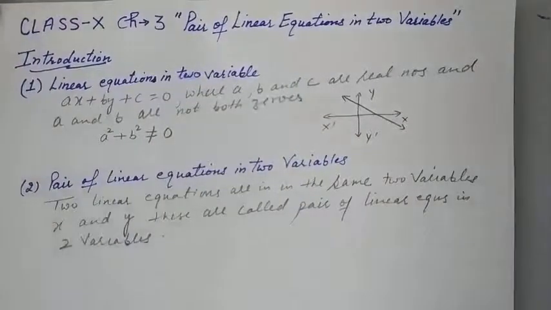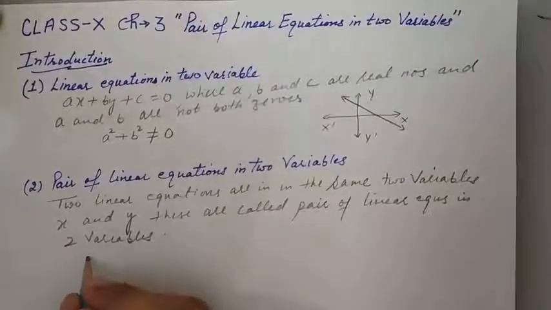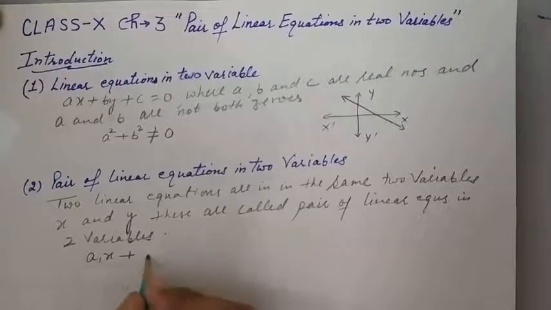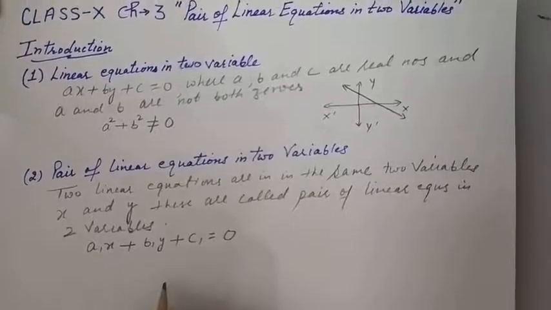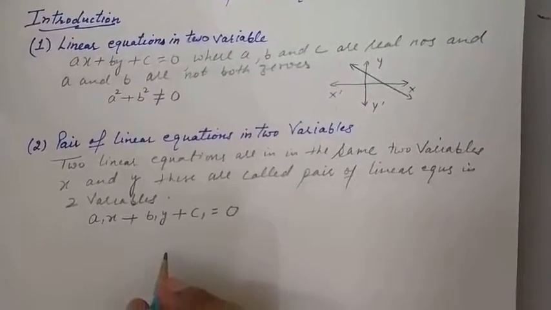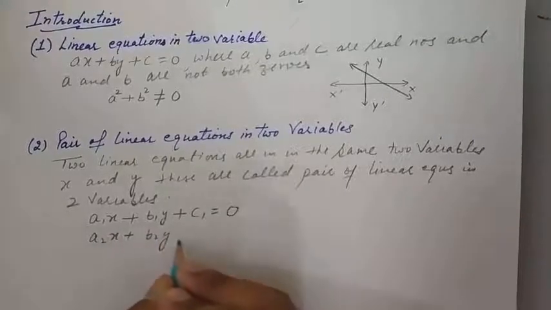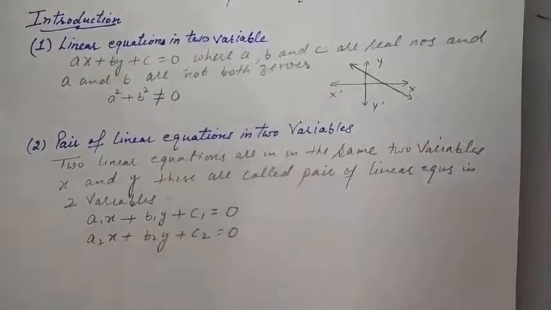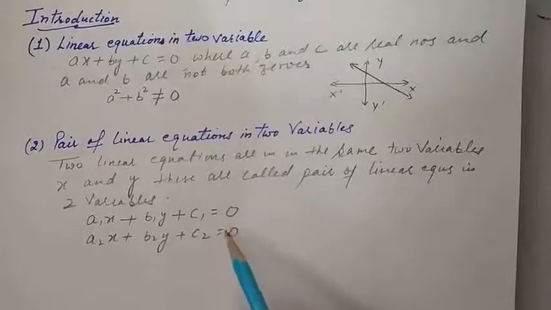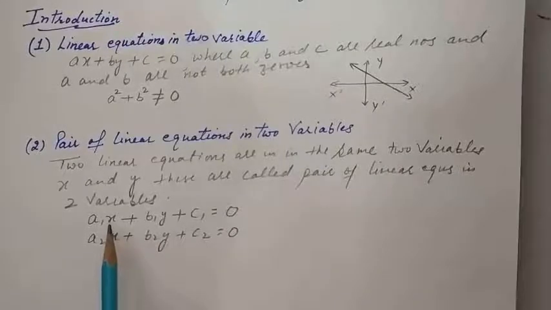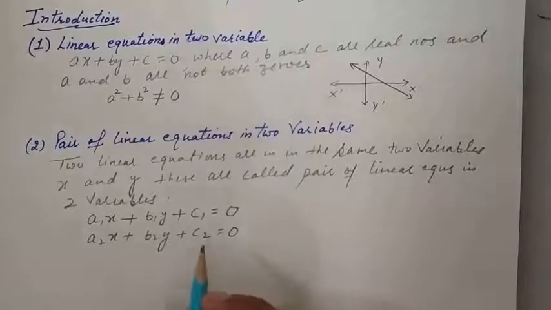So if we write the general form of this, it will be a1x plus b1y plus c1 is equal to 0, and a2x plus b2y plus c2 is equal to 0. So this is the general form of the pair of linear equations in two variables. Here variables are x and y, and a1, b1, c1, a2, b2, c2 are real numbers.